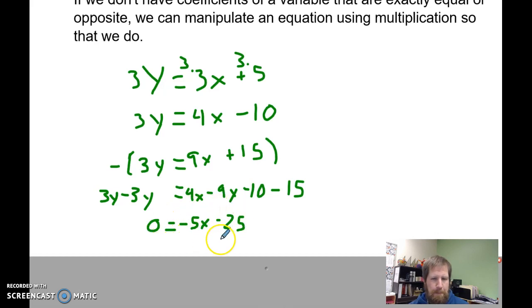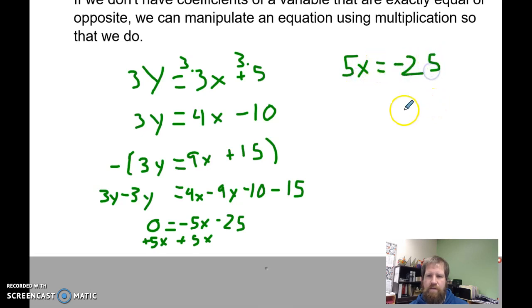Let's go ahead and move our x value, plus 5x, plus 5x, and rewrite that over here. I've got 5x equals negative 25. Quick divide by 5, x is equal to negative 5.